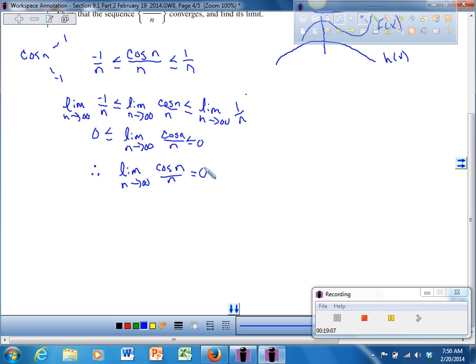And we have our solution to our limit. Does cosine n over n converge? Yes. And it converges to 0.